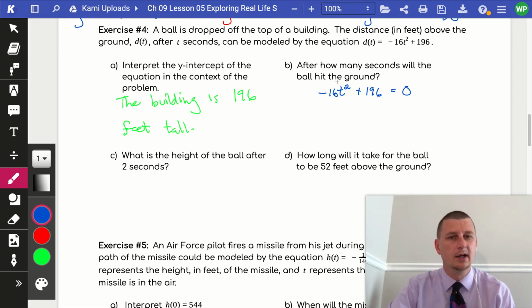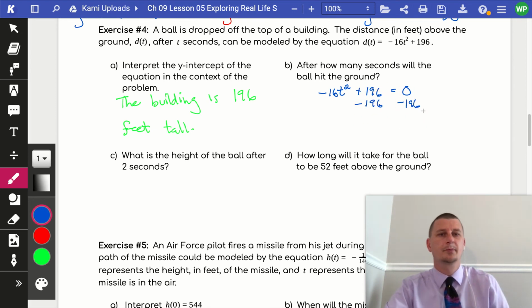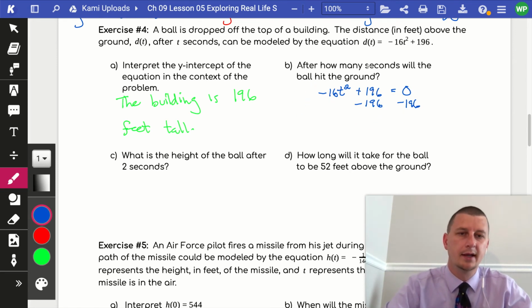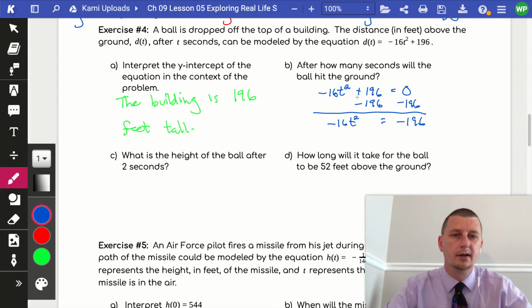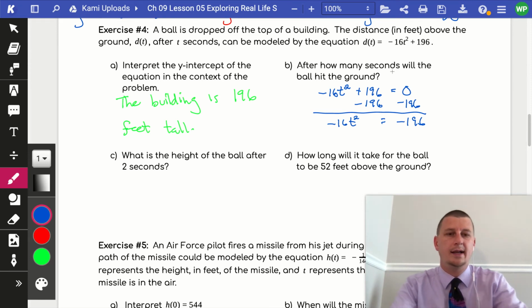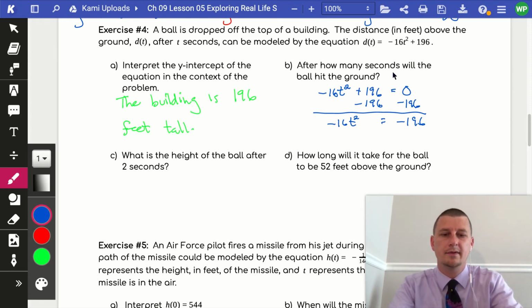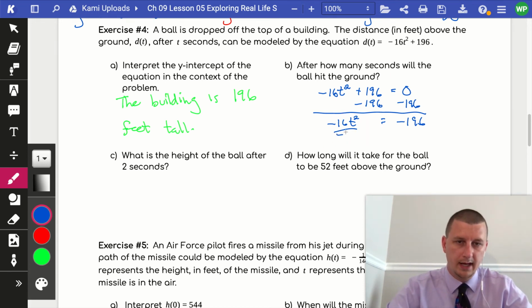So if we're solving for one variable here, we could just subtract 196 from both sides. We're going to have 0 minus 196 is negative 196, and we're going to bring down our negative 16 t squared. So now we're going to divide negative 196 by negative 16.